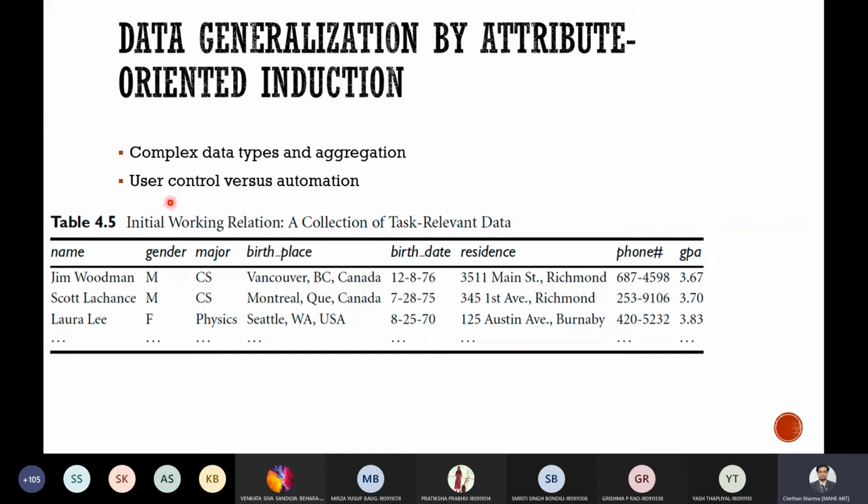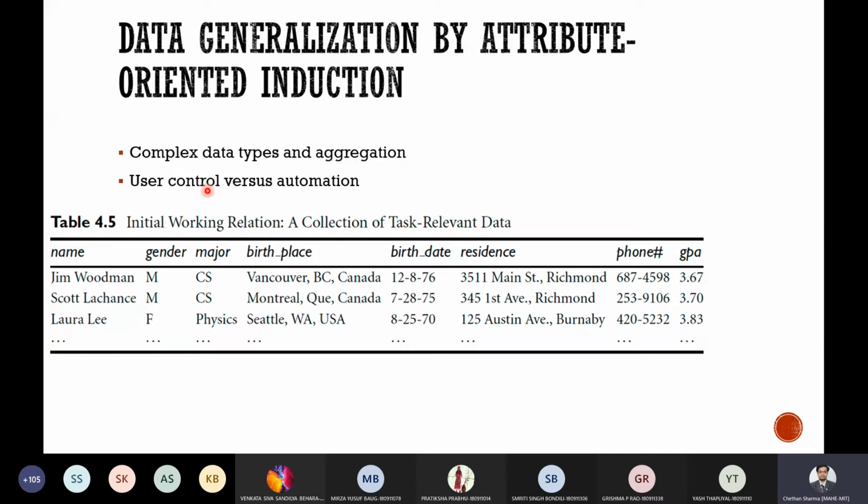So it is user control. So is user control better than automation, or is automation better than user control? These things should be considered or maybe debated when you are trying to do something with respect to your data warehouse.